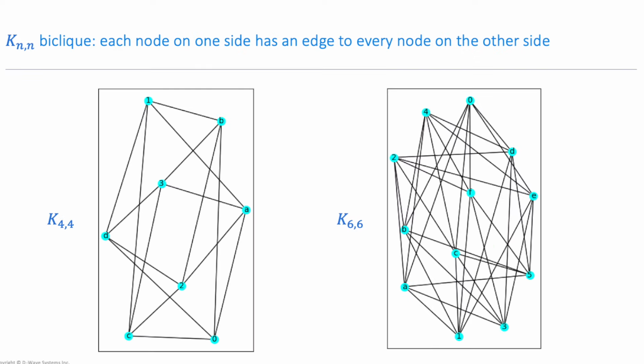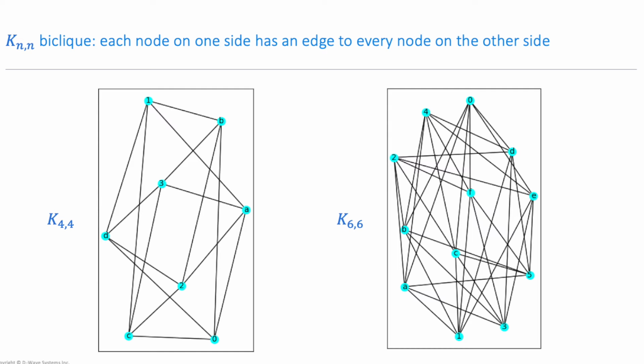And I'd like to introduce another piece of graph theory terminology here, which is Kn,n, what is called a biclique, where each node on one side has an edge to every node on the other side, but not on its own side. And so K4,4 on the left there, it's a little hard to see it because my drawing in Python isn't great.